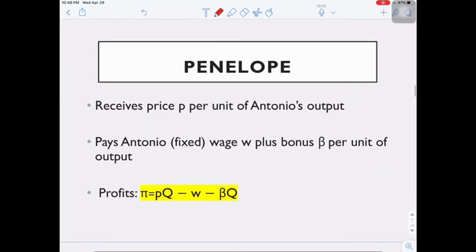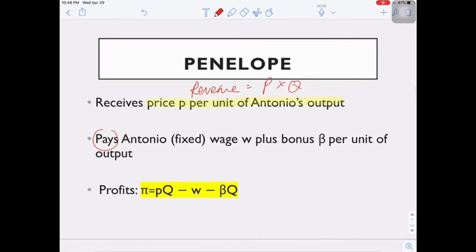So from our perspective as a principal, we will receive a price P per unit of Antonia's output. This is actually our revenue, which equals P times Antonia's output Q. And at the same time, we have to pay a wage to our agent, to Antonia. This actually follows the linear contract we discussed before.